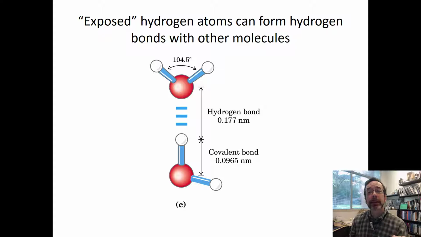And this explains why water holds together. Water actually has strong intermolecular forces, strong forces between the molecules. It's because of this hydrogen bonding that water is even liquid under room temperature conditions.